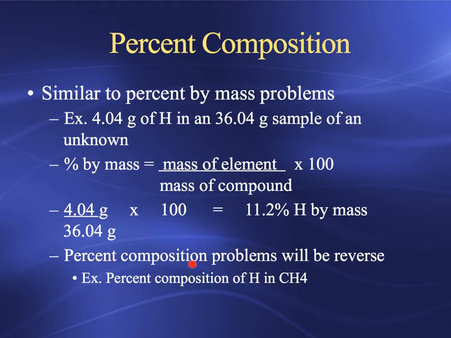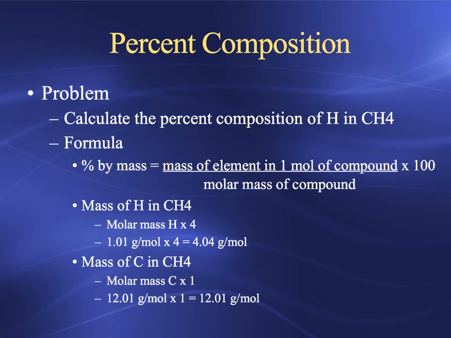Well, percent composition problems are going to be just like this, but they will be in reverse, and they won't necessarily give you any of these numbers. Okay, so it's a percent composition problem of what is the percent composition of hydrogen in methane, CH4, something like that. The problem here might say something like calculate the percent composition of hydrogen in methane, the one from the previous slide.